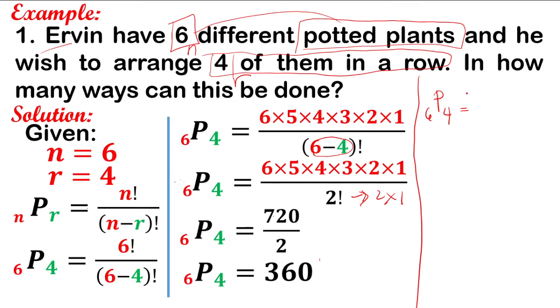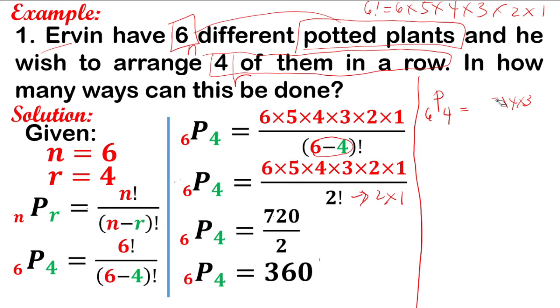That means in 6 factorial, let's write it above, 6 factorial is equal to 6 times 5 times 4 times 3 times 2 times 1 over 6 minus 4 factorial. 6 minus 4 is 2. So, in your 6 factorial, you will cancel down to 2. So, you cancel the 2 and 1. So, you will end at 6 times 5 times 4 times 3.